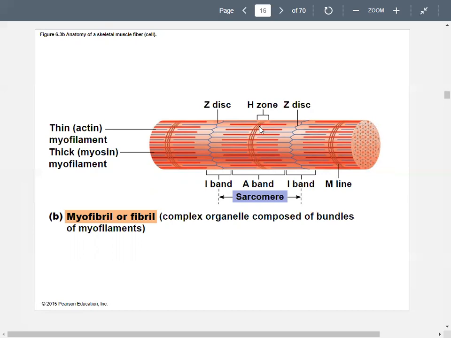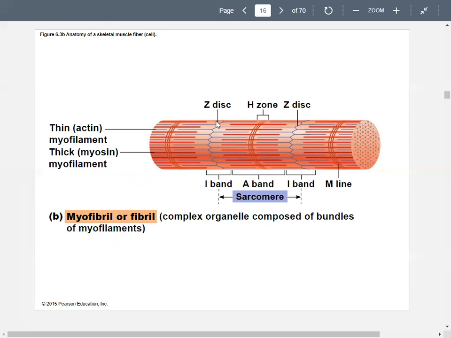Turn your head a little bit. You see this line here, and that line there. If you turn your head, it looks like a letter of the alphabet. What letter does that look like? H. So this is the H zone. So you got your H zone and your Z disc.